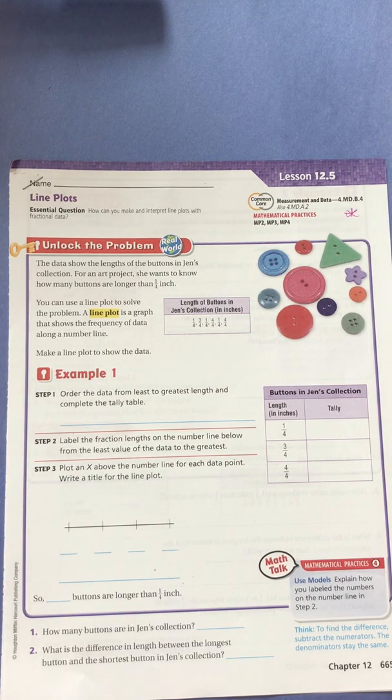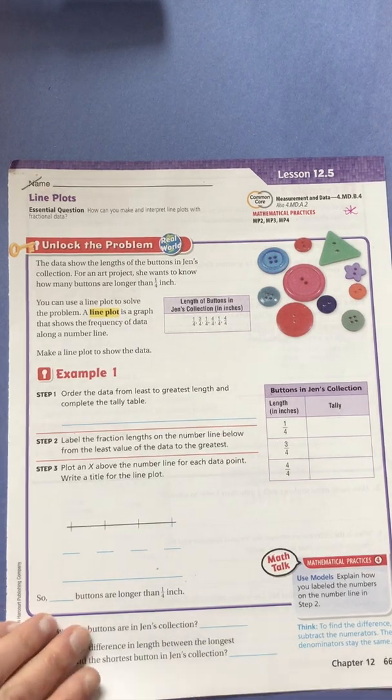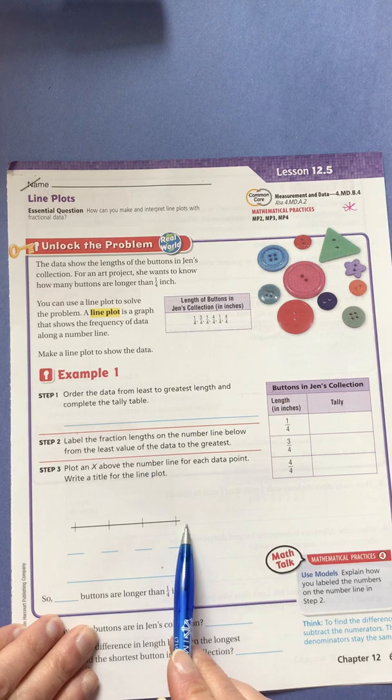It's kind of like if you had a whole sheet that just had a ton of temperature data on it, and it's kind of like, well, what's the average high or what's the average low? If you just have all these numbers, it's hard for your eyes to quickly see that data pop out. So a line plot is just a really nice way to organize the data so that you can see it really easily.